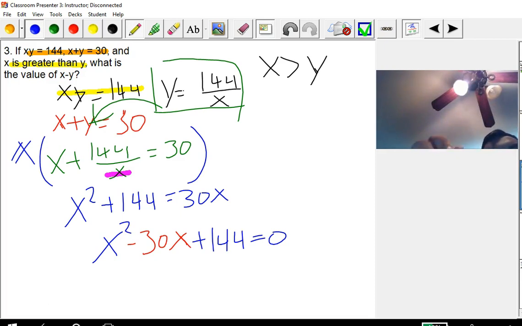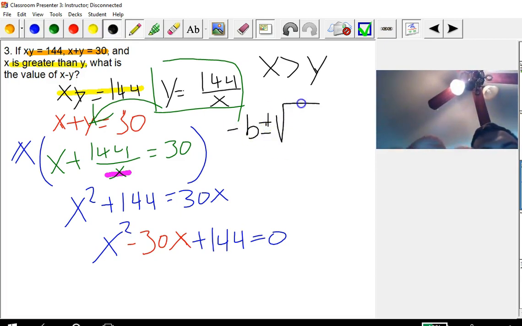I'm going to leave the method I'm not going to use on here, but I feel like it is the most accurate way of factoring, but it's also the most tedious. So let me write it out here for you. It's negative b plus or minus the square root of b squared minus 4ac, all over 2a.